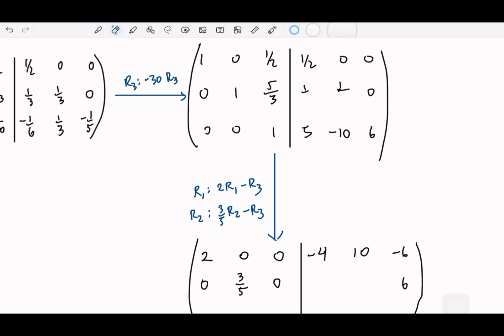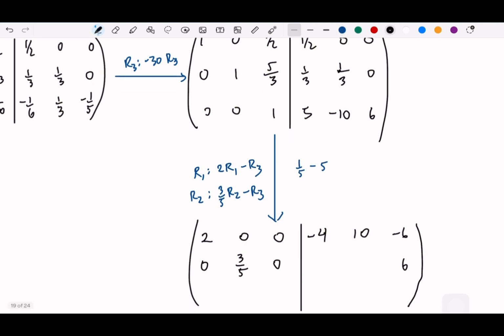I think this is 5, so this is 3. Okay, so 3/5. 3/5 is 1/5. Yeah, it's correct. 1/5, right? We multiply 3/5 minus 5. So this will be minus, sorry, minus 24/5. Okay, now. And then minus 10, minus 10 will be plus 10. So 1/5 plus, yeah, it's correct. 51/5. Yeah.